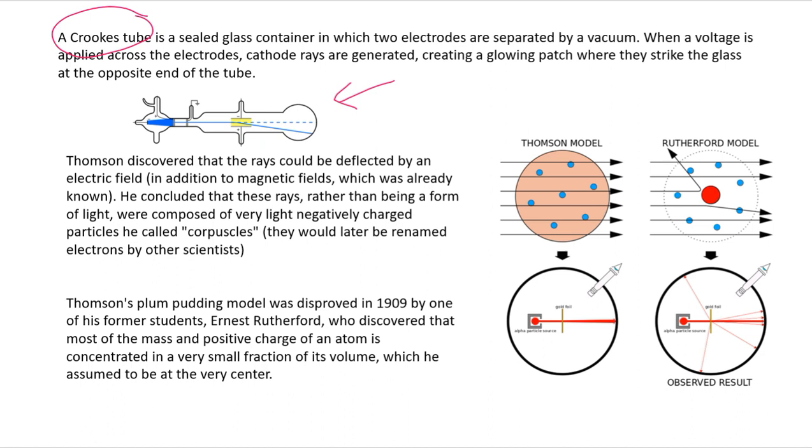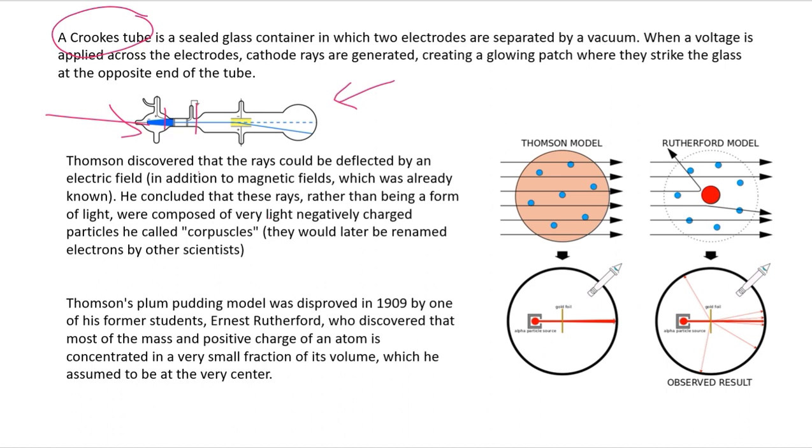One electrode here, another electrode here. When they established a difference of potential between these two electrodes, they observed a ray of light that was produced from one side to another. These were known as cathodic rays.